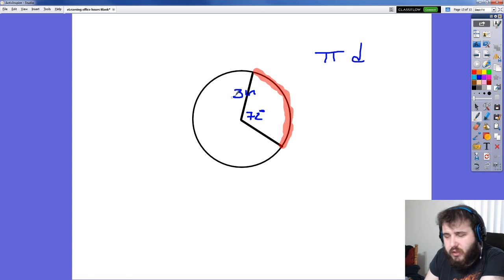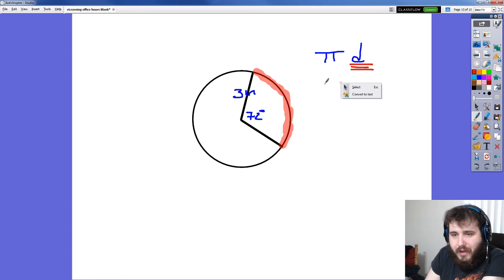So we got 3 inches for our radius. I want the diameter. So if the radius is 3, the diameter is twice as big. So my circumference, the whole distance around, is 6 pi.